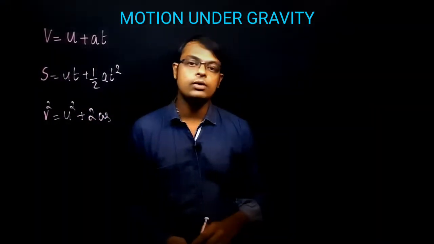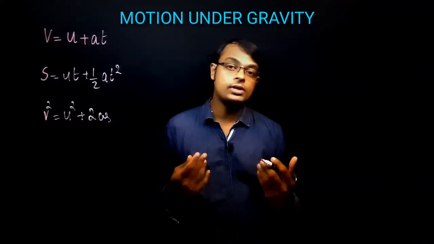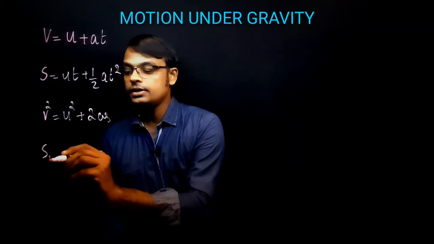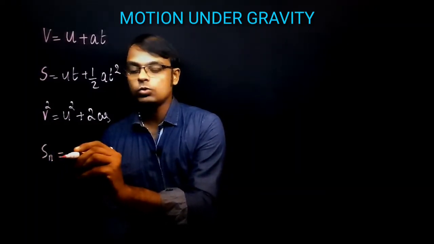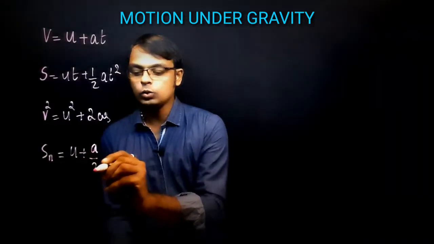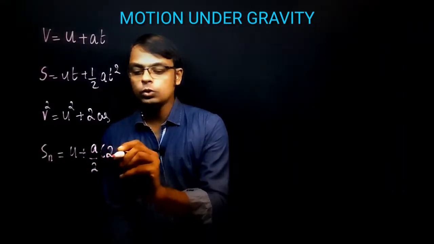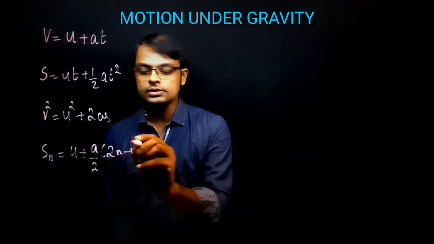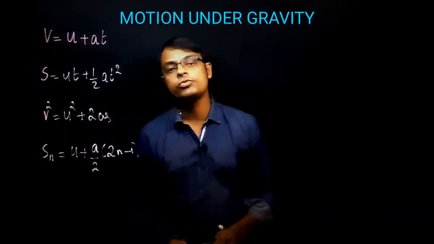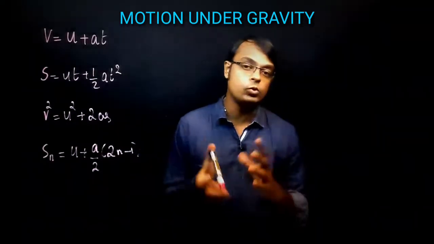One more equation we have learned is the distance traveled in the nth second. I am writing here S_n. S_nth is equal to u plus a by 2 into (2n minus 1). So these are the equations of motion we have discussed for a uniformly accelerated motion.